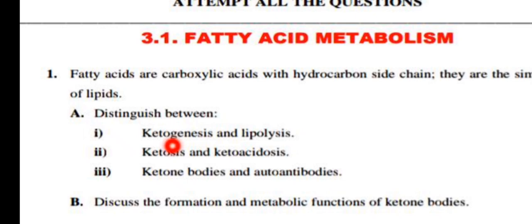Now, in ketosis, we are going to generalize it such that ketosis takes place in people or patients who are just starving. Since they are starving, there will be breakdown of fats, of triglycerides. Those triglycerides are going to produce free fatty acids, which are going to undergo beta oxidation.